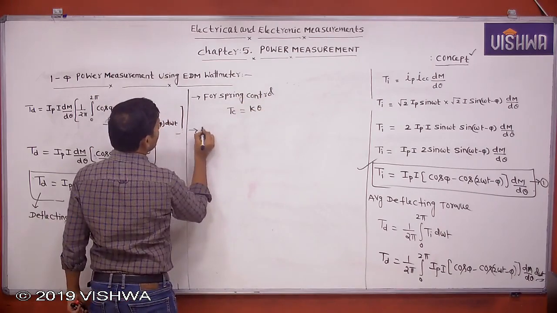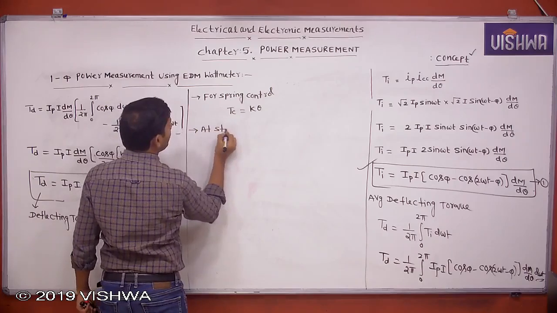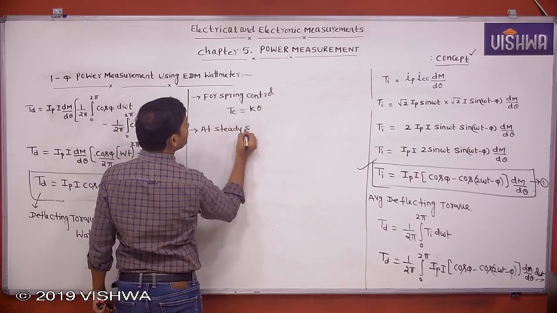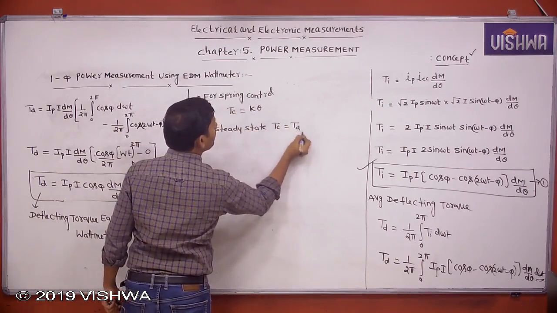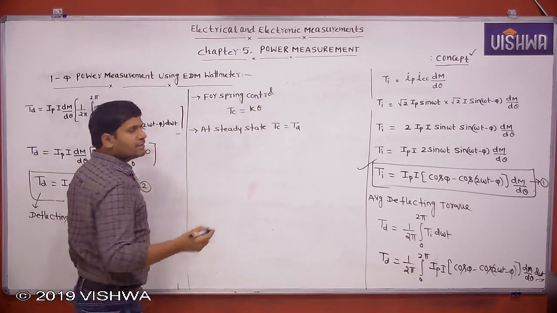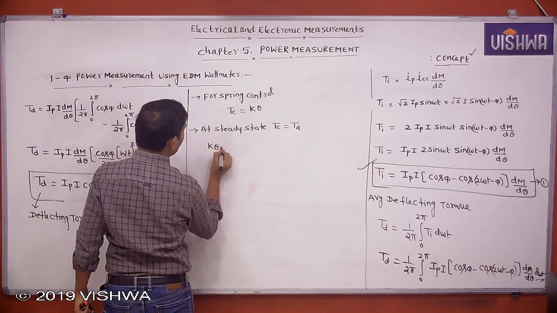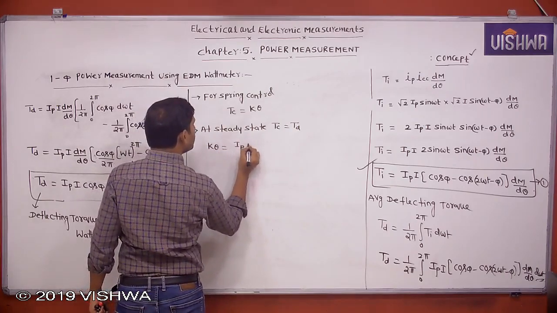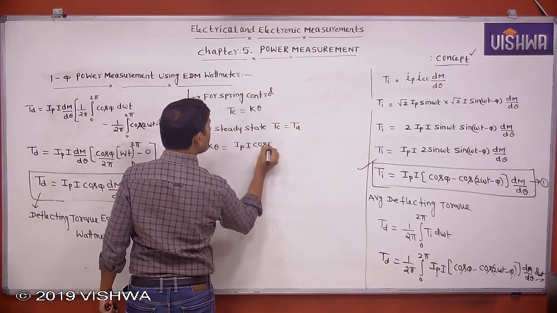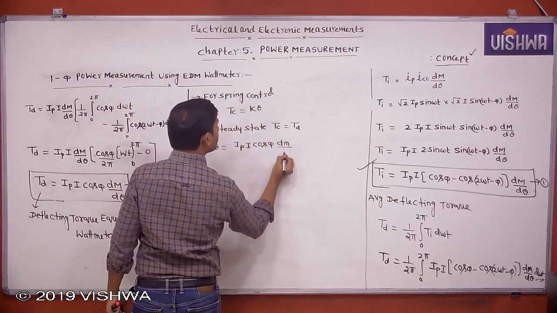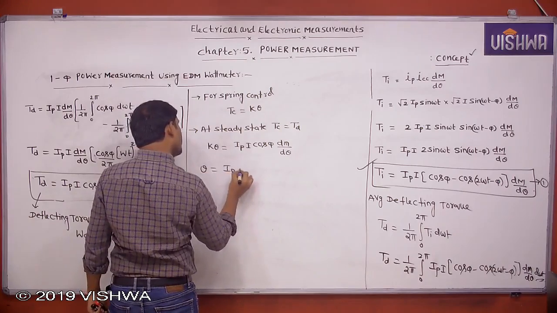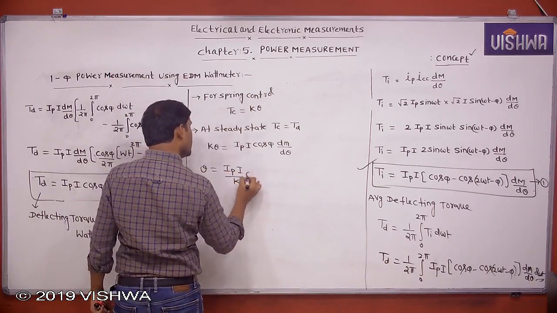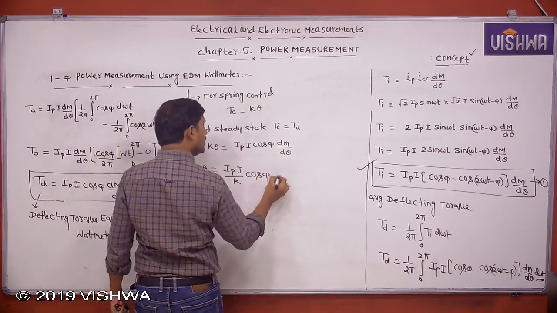Then at steady state, TC equals TD. What is TC? K theta. What is TD? Ip into I into cos phi into dM by d theta. Then theta equals Ip into I by K cos phi into dM by d theta.